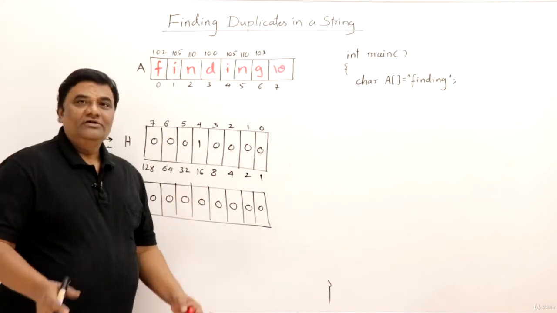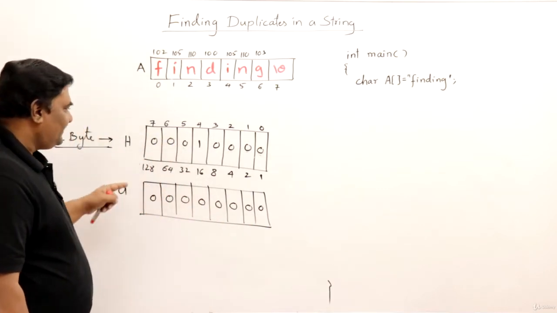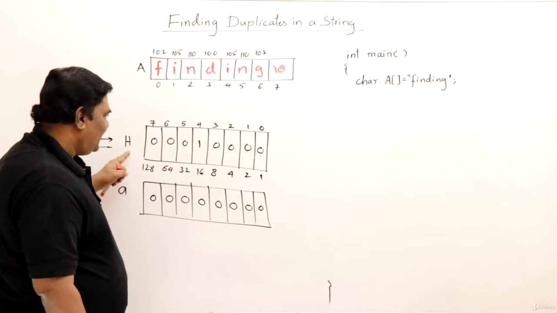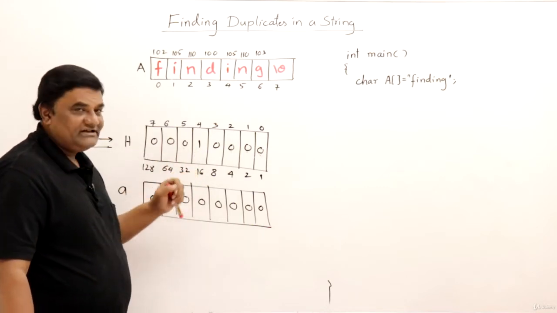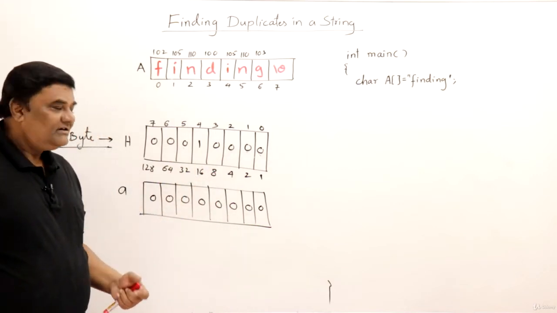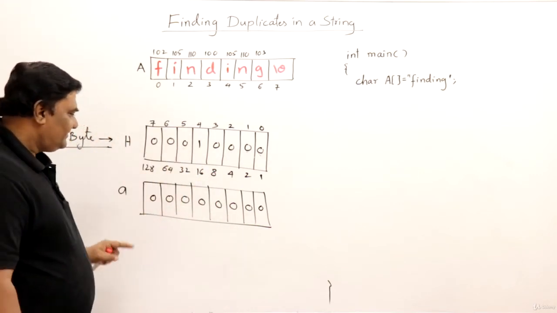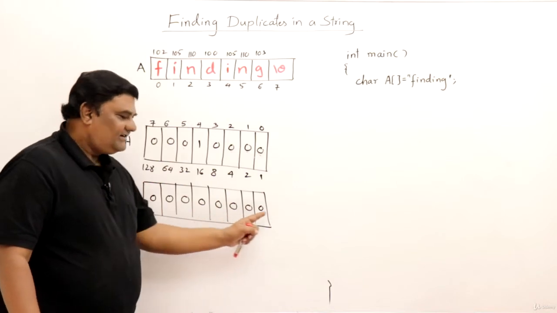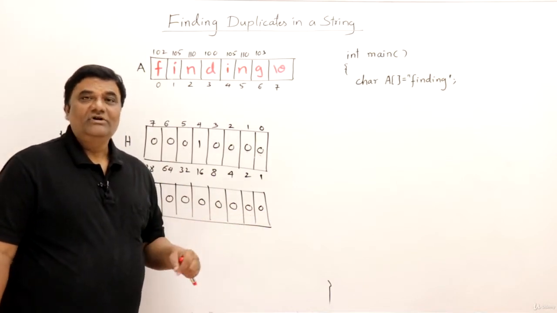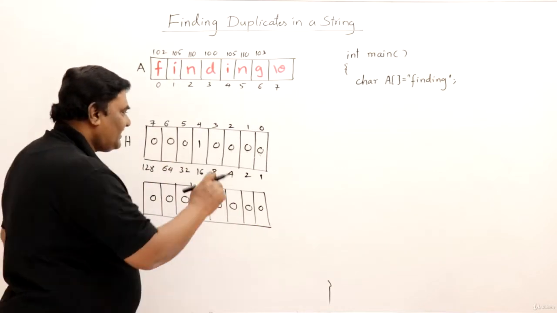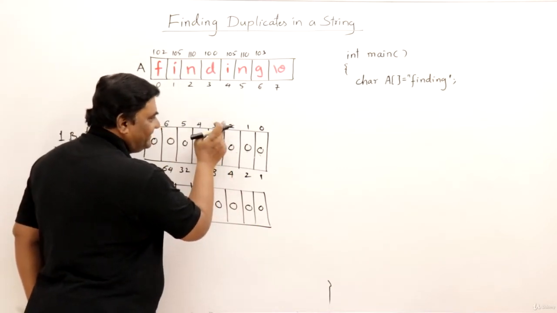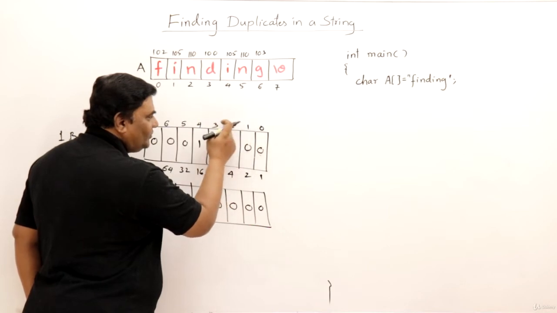Now for explaining masking, I have taken 2 variables, h. H is having all zeros except this one. So the value inside that is 16. So this is 1 byte long, right? So h is having value 16. Then there is one more variable a and it is having 0. Now what does it mean by masking? See, I want to know whether at this place, that is bit 2, 0, 1, 2, right?